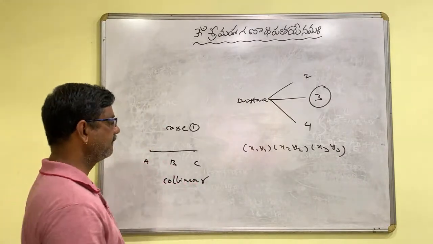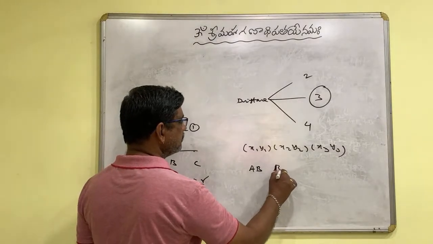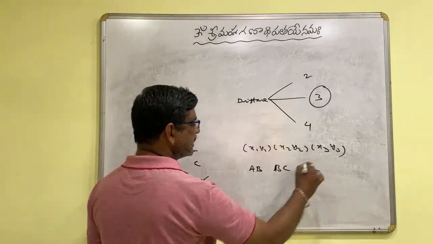How to verify? Same. We need to calculate the distance between AB, BC, AC.